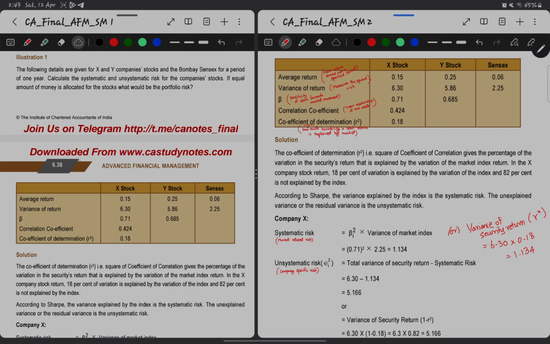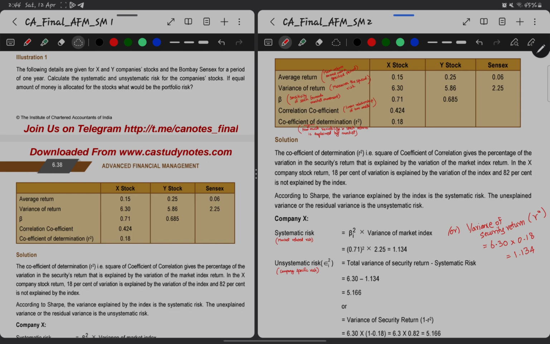Now the coefficient of determination also is on the same route. So out of the total variation, how much percentage the stock is varied towards the market related risk. So it is nothing but the square of correlation coefficient.